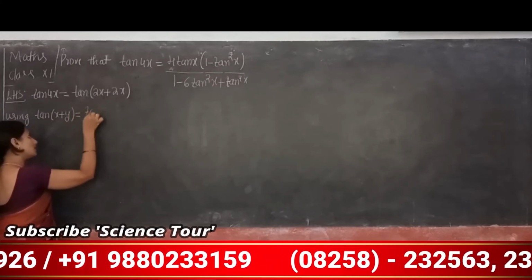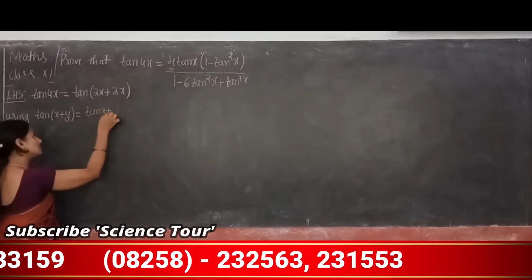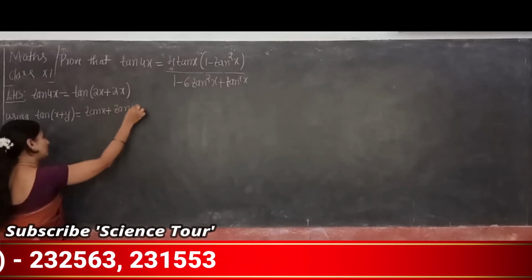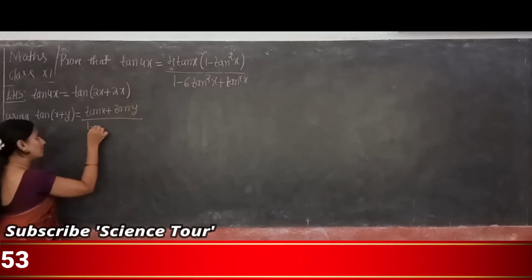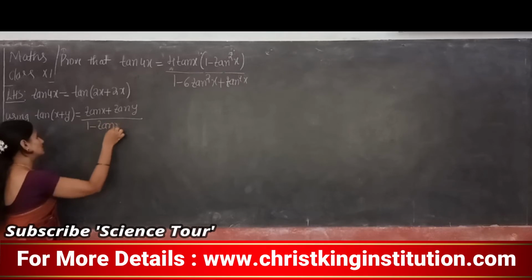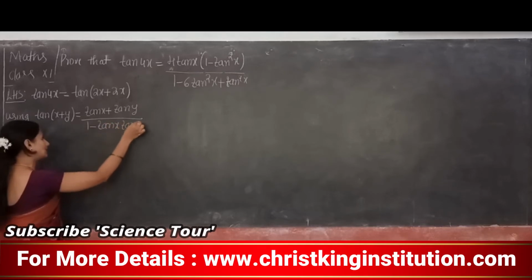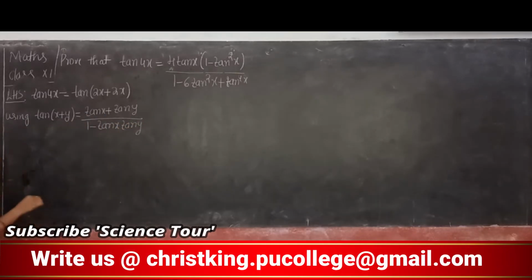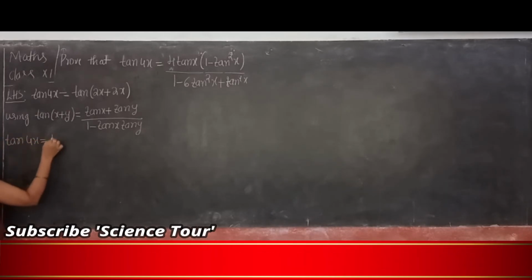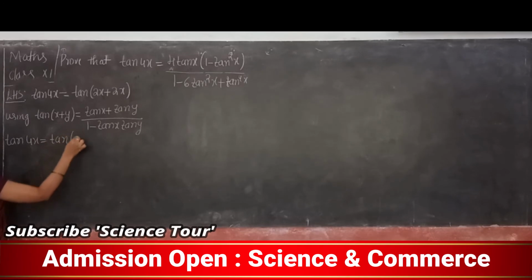It is tan x plus tan y divided by 1 minus tan x into tan y. Clear? So now tan 4x is equal to, I wrote it as tan of 2x plus 2x.